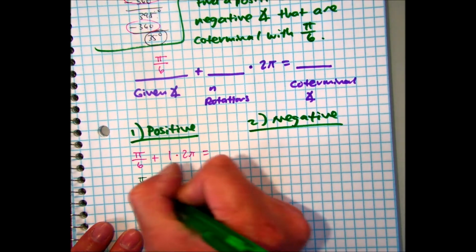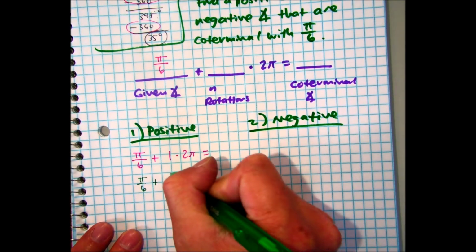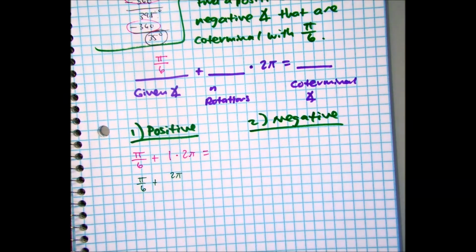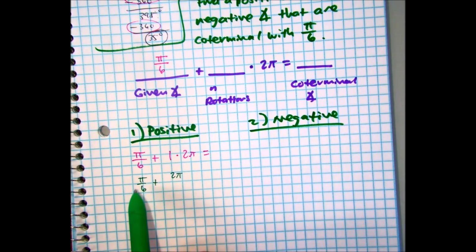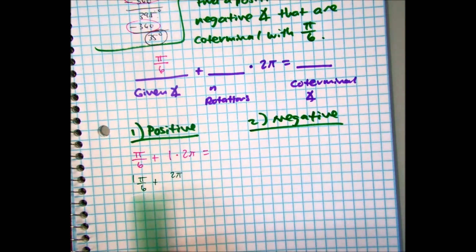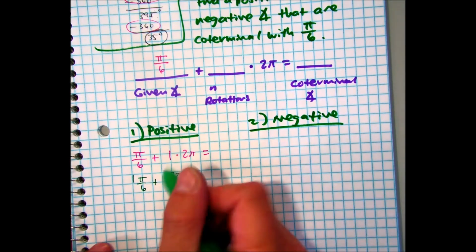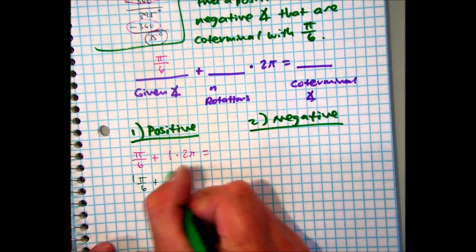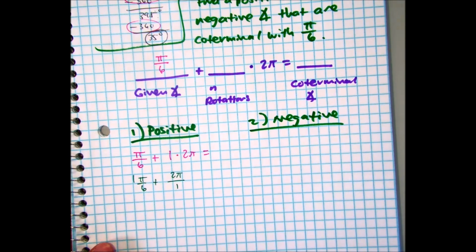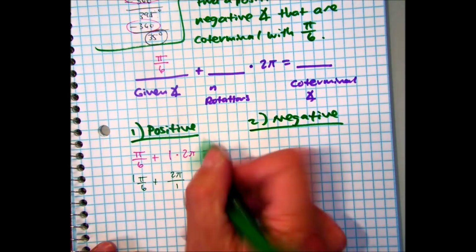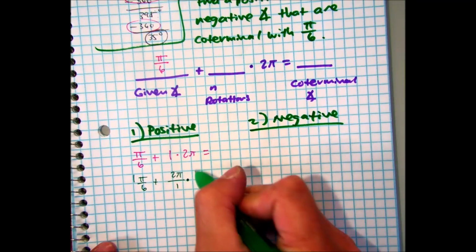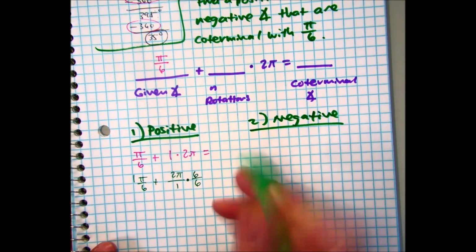Now, the difficulty with coterminal angles in radians is just the fraction part. So I cannot add this. I cannot say the answer is 3 pi over 6. I have to have a common denominator, so I'm going to make this a fraction by putting it over 1. And then I have a denominator of 6, so my common denominator is 6.